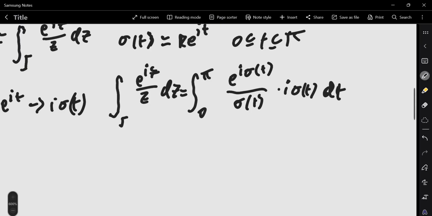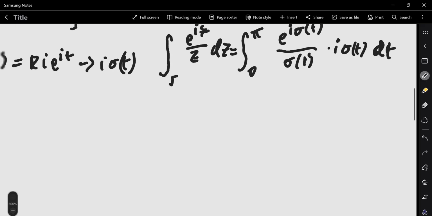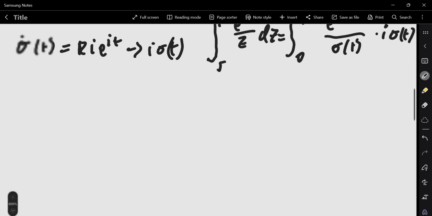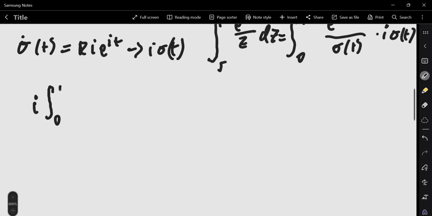Now, this is kind of big. It's like i times the integral between 0 and pi of e to the i r e to the i t dt. Kind of annoying, right? So what's going to happen? I'm going to say it in words and then write it down.